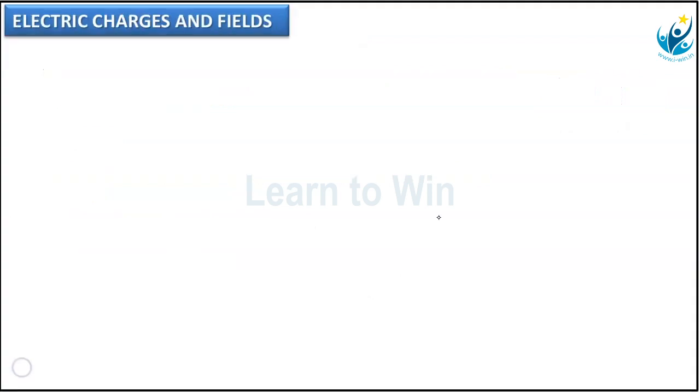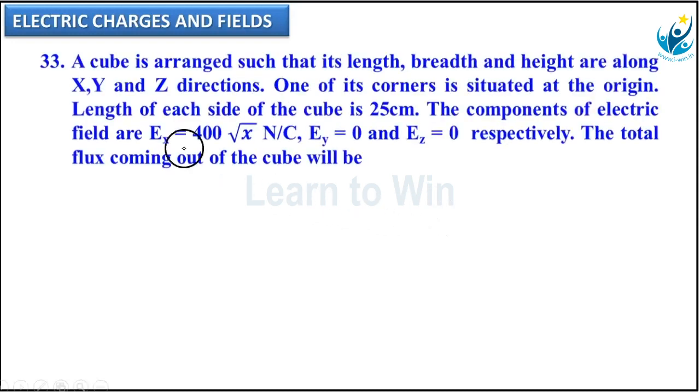Now, problems based on electric flux and Gauss law. The first question is: a cube is arranged such that its length, breadth and height are along the x, y and z directions. One of its corners is situated at the origin. The length of each side of the cube is 25 centimeter.